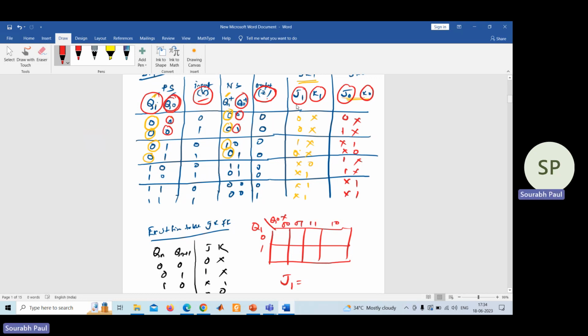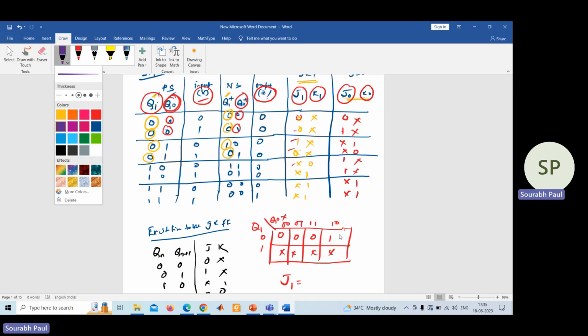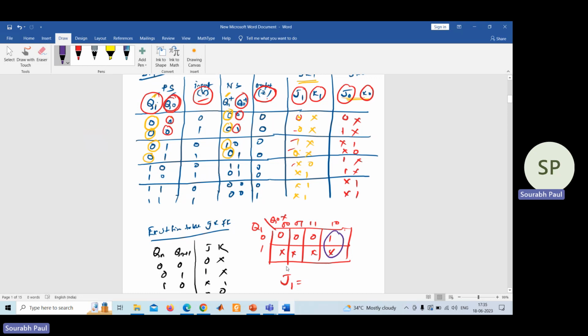So see this table: 0, then 0, then 1, then 0, then don't care, don't care, don't care, don't care. From this we can make a combination of these two. So what will be the expression for J1? That is Q0 X bar.